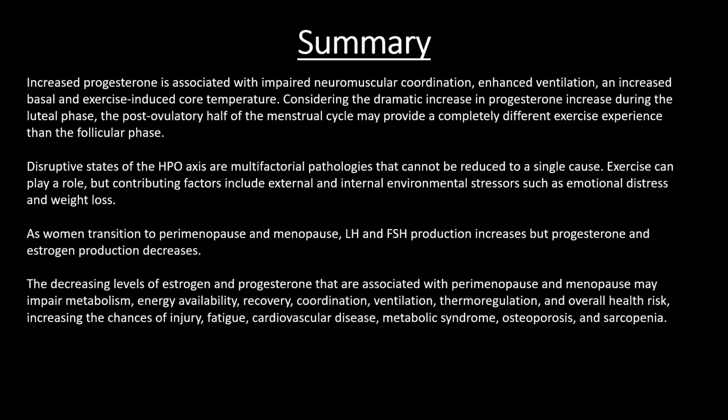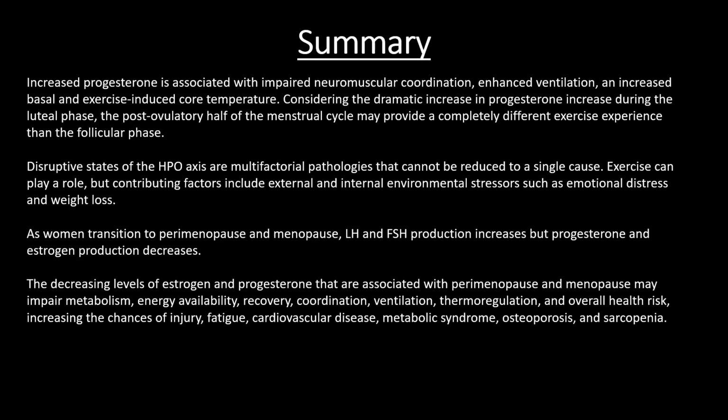But wait, there's more. Increased progesterone is associated with impaired neuromuscular coordination, enhanced ventilation, and increased basal exercise-induced core temperature. Considering the dramatic increase in progesterone during the luteal phase, the post-ovulatory half of the menstrual cycle may provide a completely different exercise experience than the pre-ovulatory half.